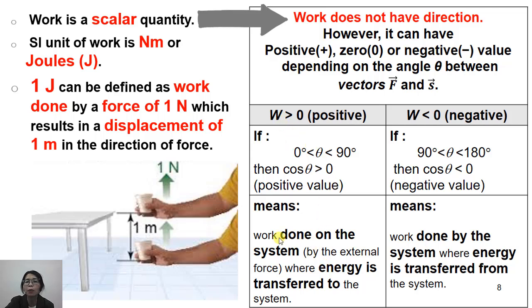It means that work is done on the system by the external force, where energy is being transferred to the system. If the angle between F and S is between 90 and 180 degrees, the value of cos theta is less than 0, which gives a negative value for work. It means that work is being done by the system, where energy is being transferred from the system.